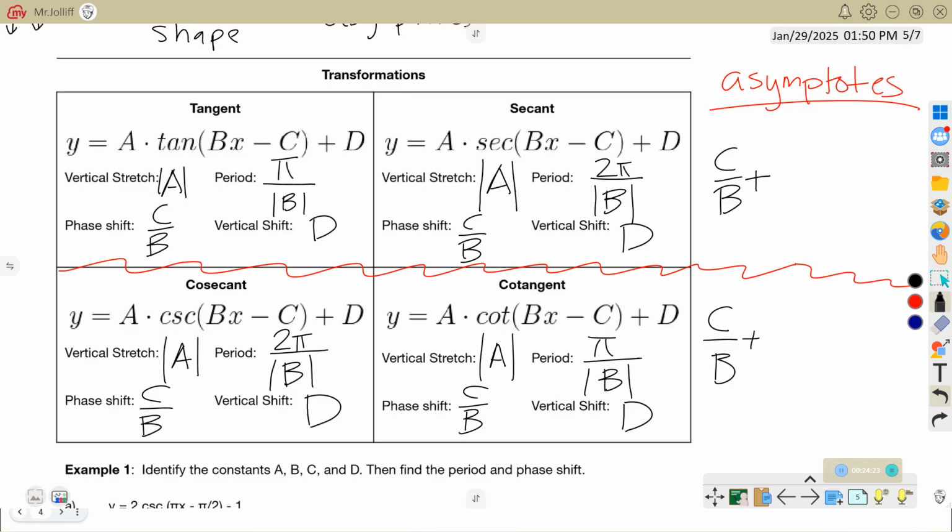Right? It was going every half. I need a way to express that. So we know normally it's pi over 2 times k, where k is an odd integer. That was the original asymptote. We're now dividing by b. I'm going to pick up a b in the bottom. That's the only change, because b stretches them together or pulls them apart.